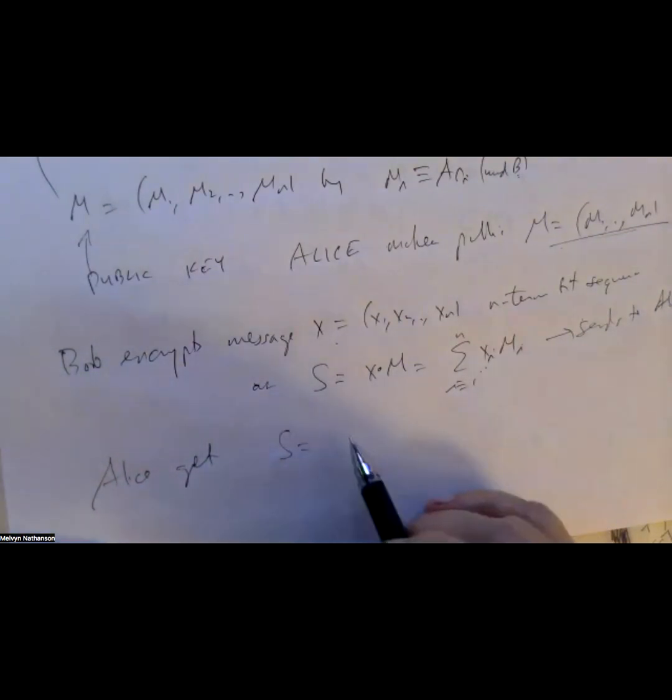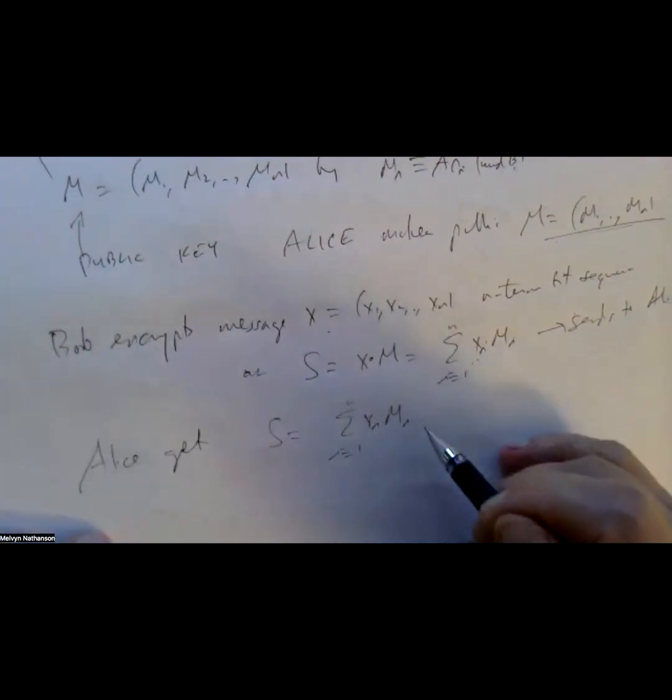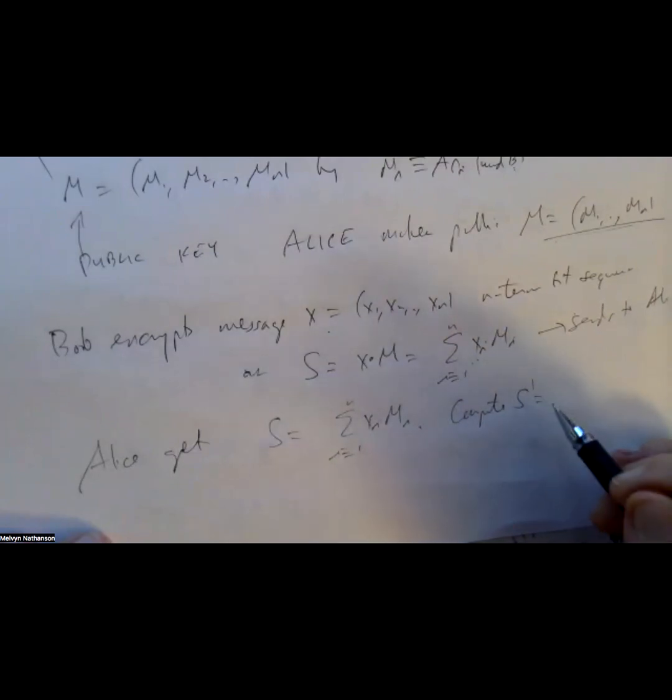So Alice gets this number S, which is summation Xi Mi, i goes from 1 up to n. And how does she decipher this? Compute the number S prime.